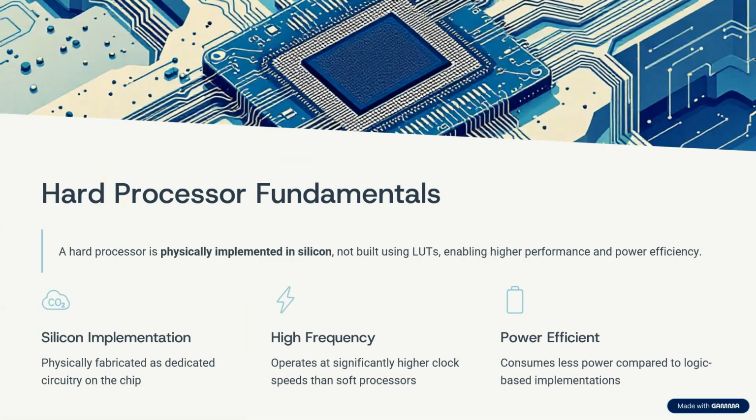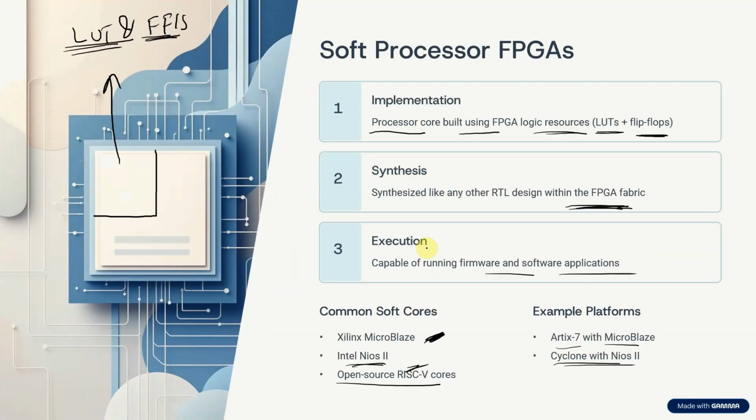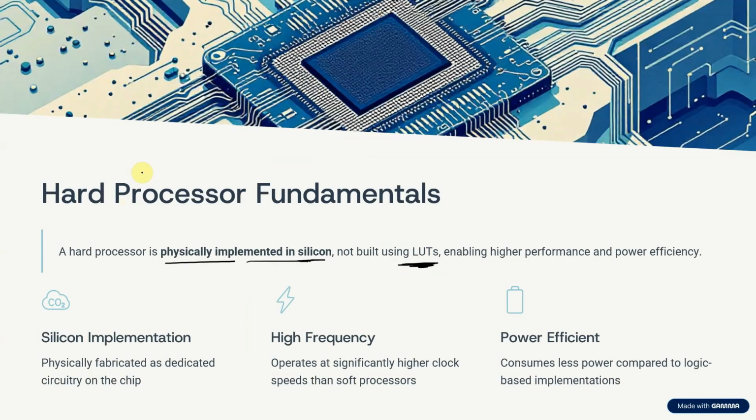Now, next comes your hard processor. Basically, a hard processor is physically implemented in silicon, not built using the LUTs. In the case of your soft processor, the processor was built using the LUTs, right? But here, in the case of your hard processor, it is not built using the LUTs. It is physically implemented in the silicon, and it is used for enabling higher performance and power efficiency.